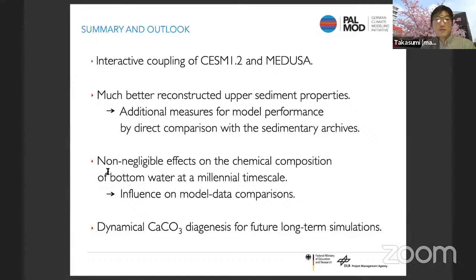Interestingly, the coupling has non-negligible effects on the bottom water chemical composition, even at the millennial timescale. And it is expected that the dynamical calcium carbonate diagenesis modeling will contribute to better long-term simulations in the future.